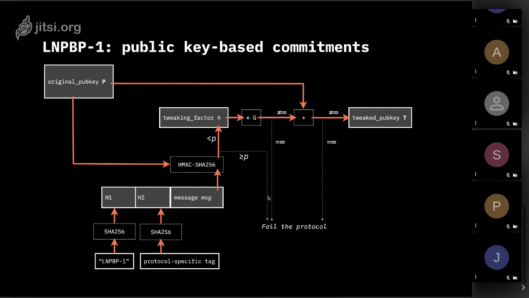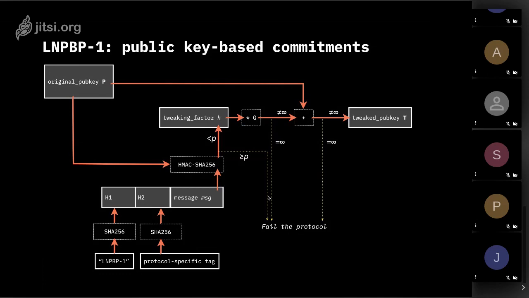We create an HMAC hash of the message together with the original pub key. Committing to the original pub key, we create a tweaking factor, which is applied to tweak the pub key. We add it to the pub key to obtain the tweaked pub key. We have three cases where the operation can fail with a very, very, very low probability.